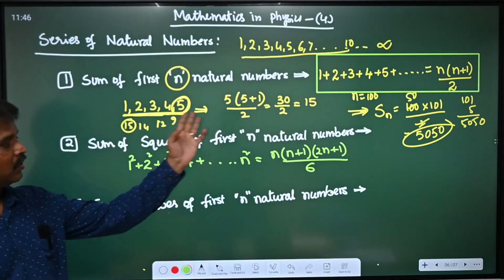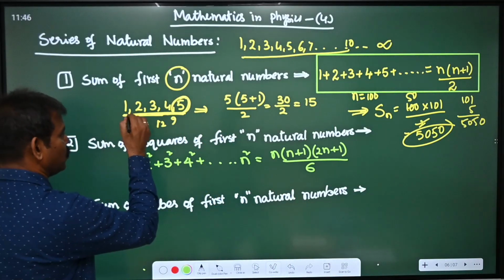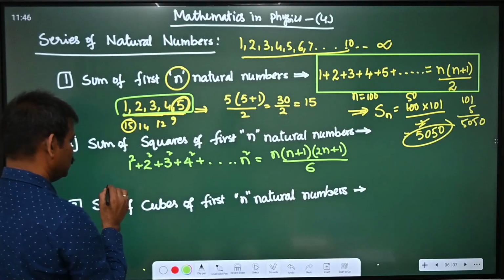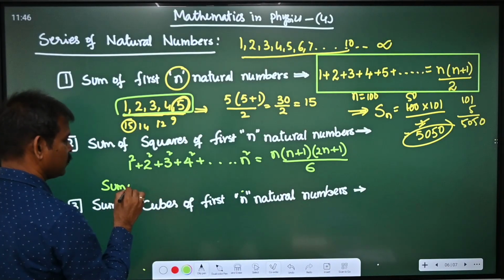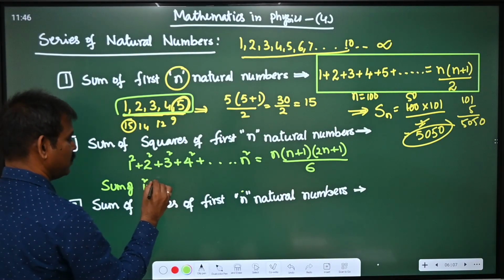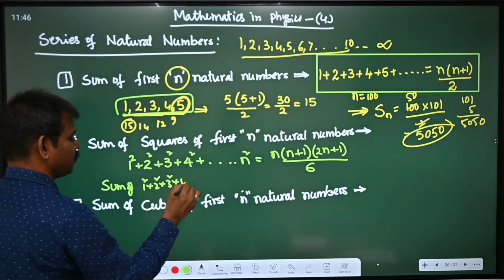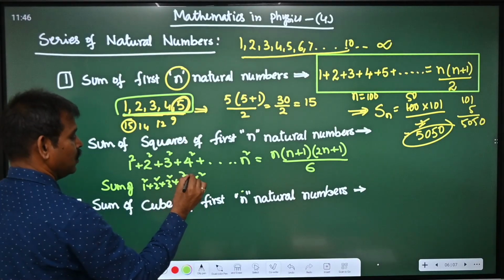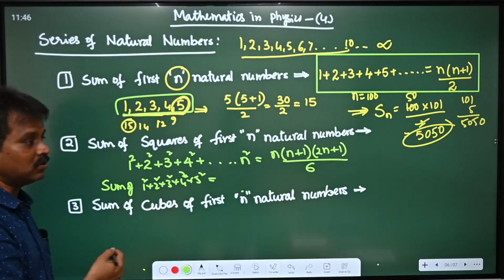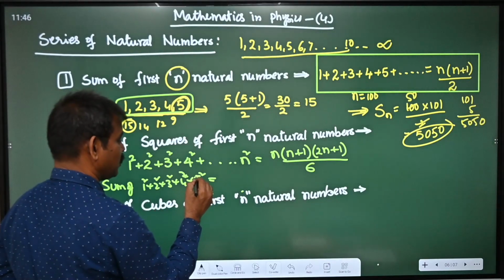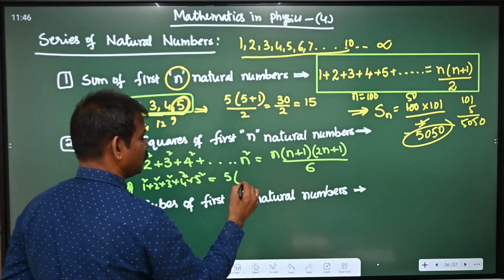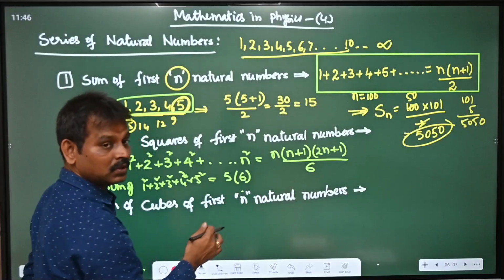Let me take the same concept. n is equal to the first 5 numbers. So the sum of 1 square plus 2 square plus 3 square plus 4 square plus 5 square. Without finding these square values, directly we can do it. Here the last term is 5, so 5 into 6 into 5 plus 1 is 6.